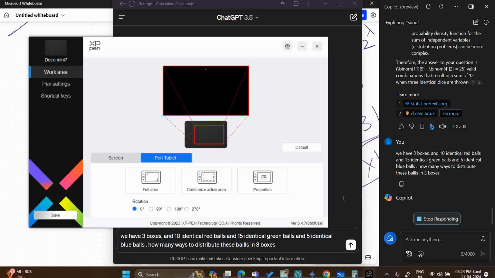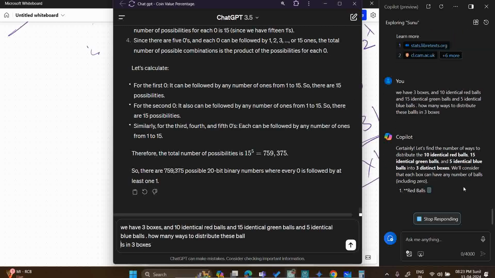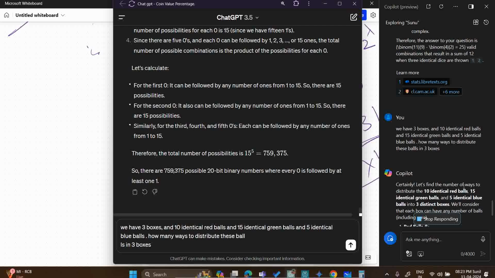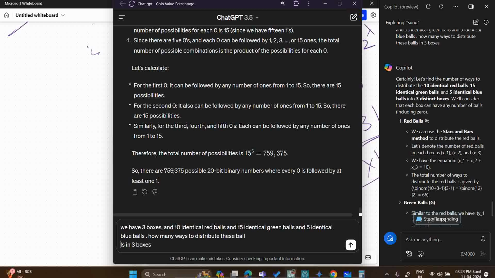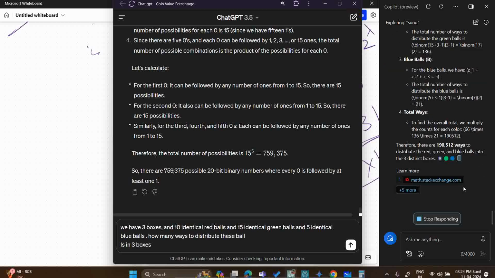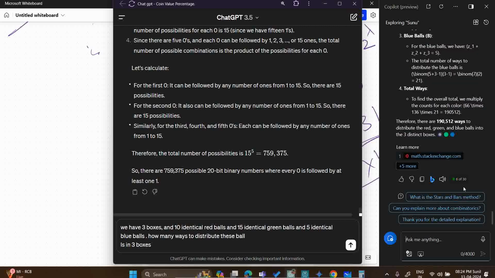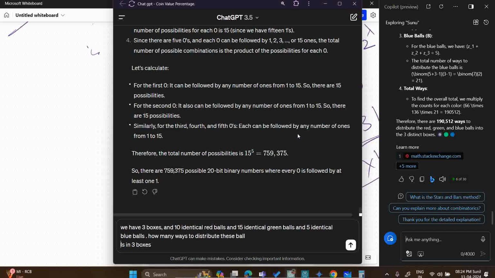Certainly, let's find the number of ways to distribute 10 identical balls. Ooh, is that the case?